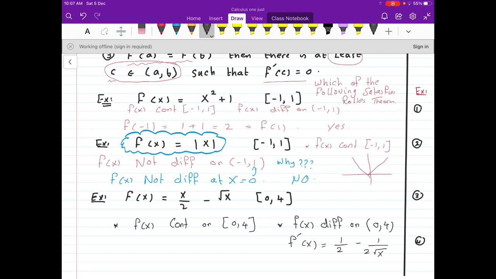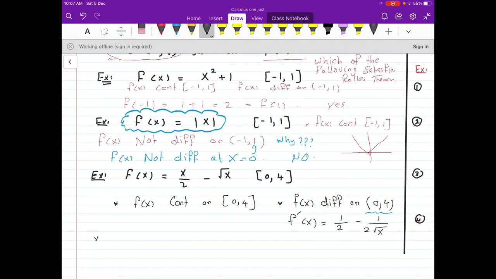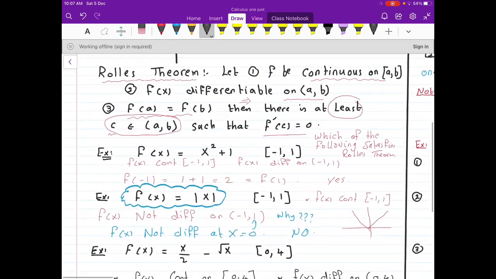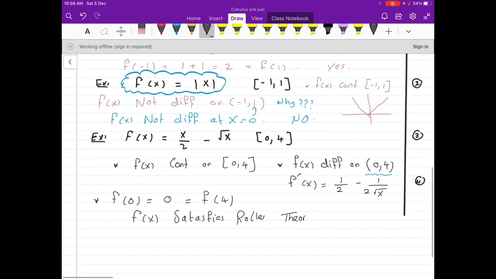So this function is differentiable. Be careful on the open interval. الشرط الثالث من Rolle's theorem. What is f0? f0 equals 0 and this is equal f4 لأنه f4 equals 4 over 2 minus the square root of 4. So this function f x we say satisfies Rolle's theorem. فمعناته لاحظ إنه شروط الرولز theorem اللي هي كان عنا إلها 3 conditions.